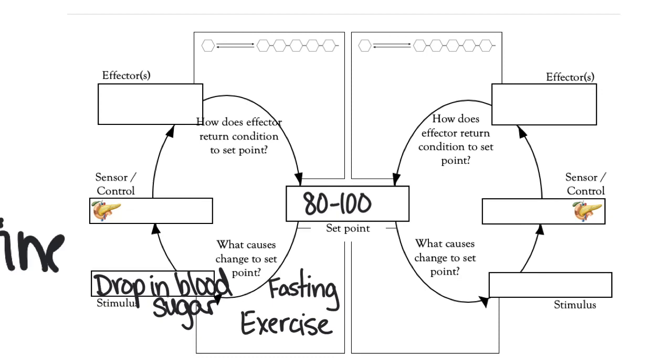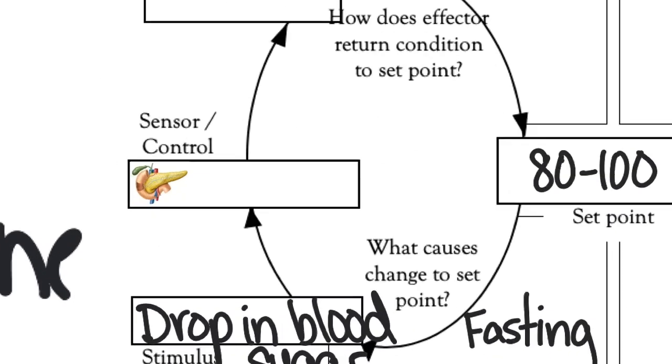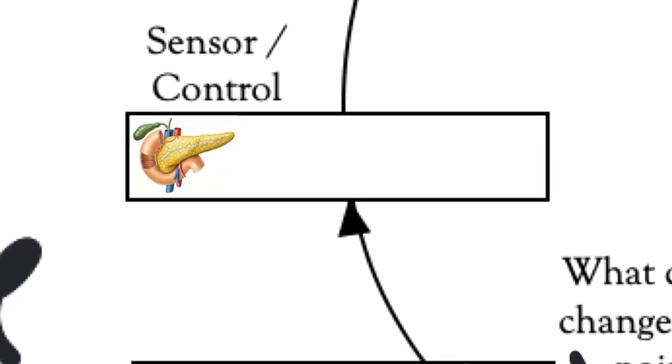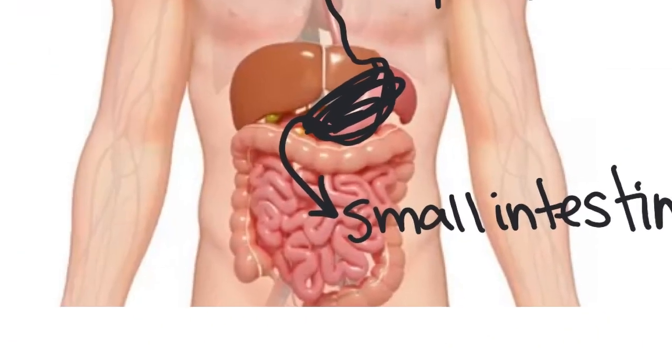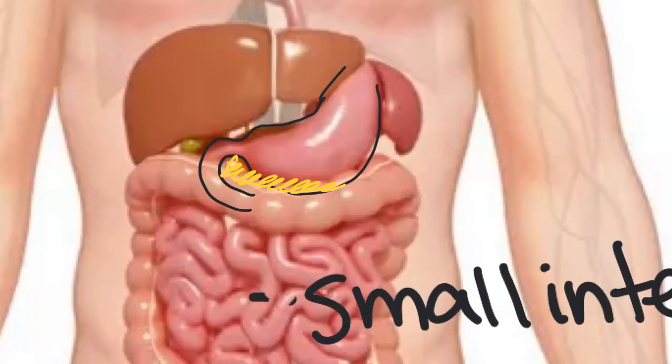And instead of your brain being what detects that change, instead we're going to have an organ that's kind of located in the tuck right here of where the stomach meets the small intestine. And what that looks like, we can come back over here. And what we have is an organ right in here. It's kind of a fluffy little yellow guy called the pancreas.